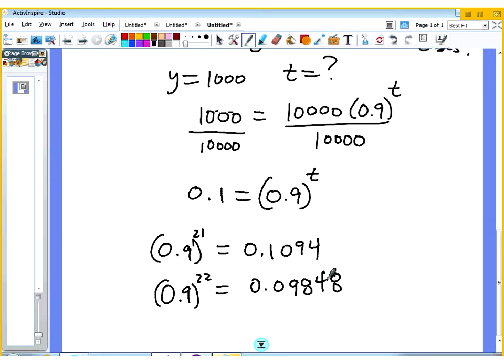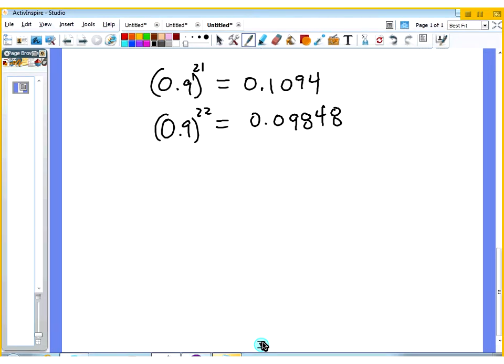You want to see what t you need to get 0.1. You see that if you plug in 21, you get more than 0.1. If you plug in 22, you get less than 0.1, so it must be between 21 and 22. Keep trying to narrow it down.